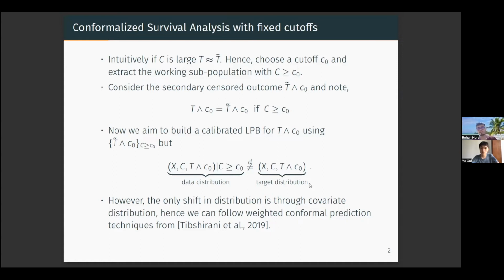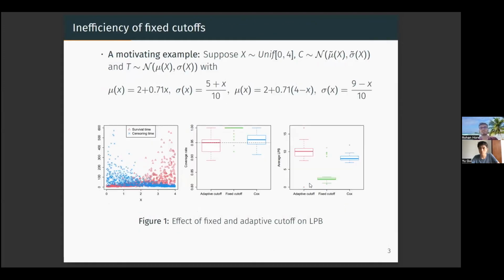But the problem here is we are using a fixed cutoff C0 for every covariate value. So in particular, in some settings where C and X are very dependent, it might so happen that in some regions our cutoff is very large and in other regions our cutoff is very small, leading to unbalanced sample sizes. In particular, look at this motivating example where X comes from a uniform and C and T are both normal with mu and sigma as written.